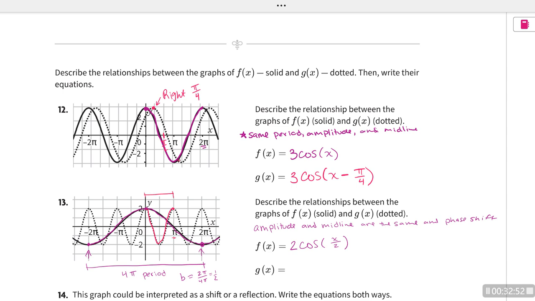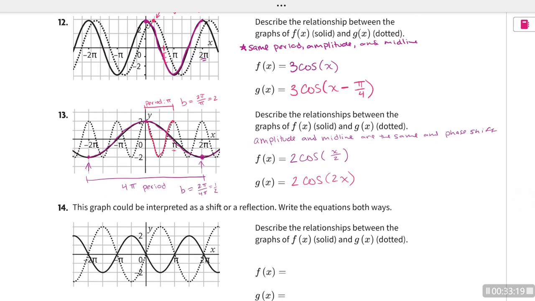So here, our period is pi, which means b is 2 pi over pi, or 2. So we're twice as fast in this one instead of twice as slow. So the amplitude is still 2, but now we're going to have a 2x instead of an x over 2 in our parentheses.